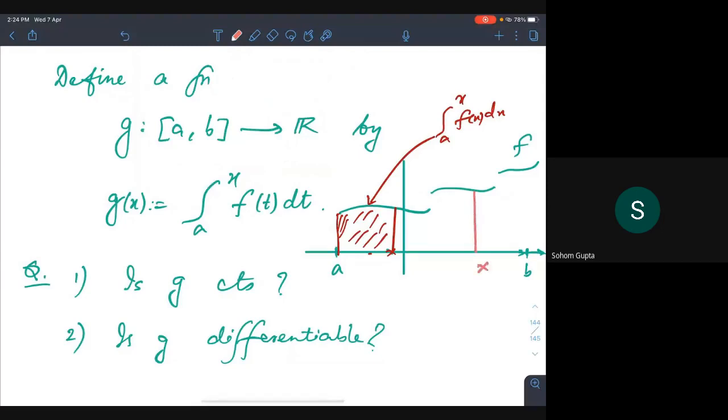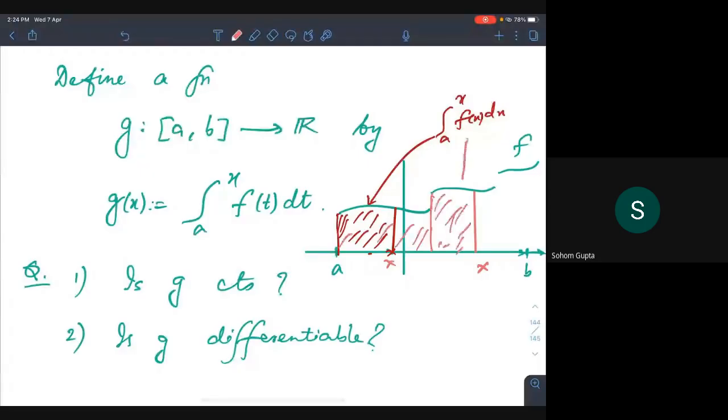If x is this one, then the area would be the whole thing.